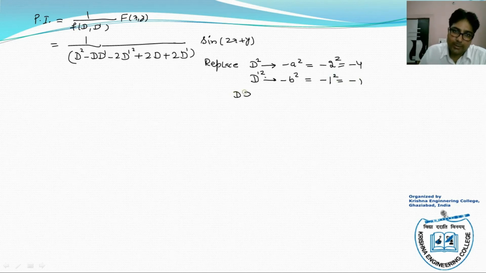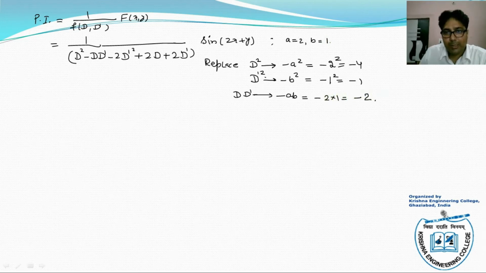And DD' is replaced by minus ab, where the coefficient of x is known as a and the coefficient of y is known as b. So a is 2 and b is 1, so this is minus 2.